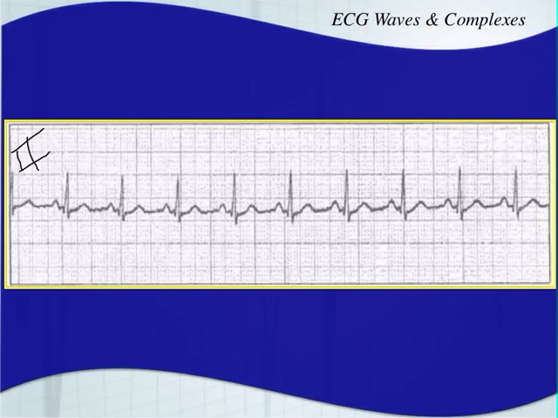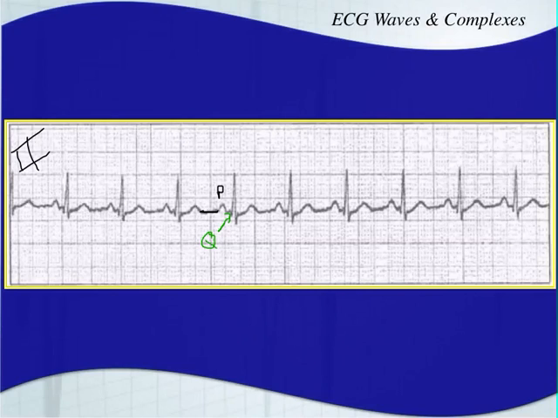So this line here is considered isoelectric. The first positive deflection is called the P wave. The first negative deflection following the P wave, that little tiny line, is called the Q wave.